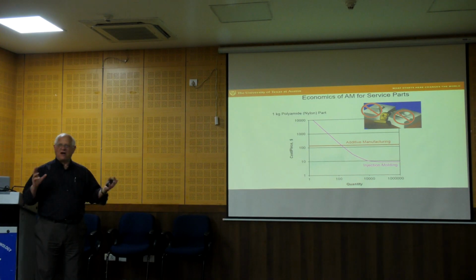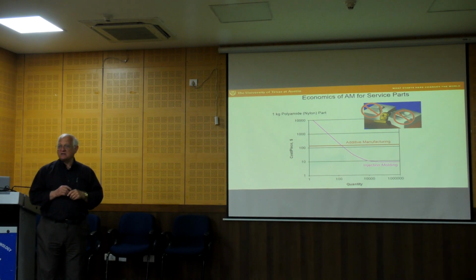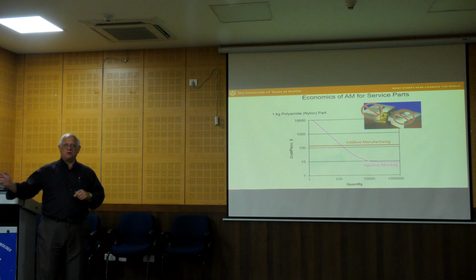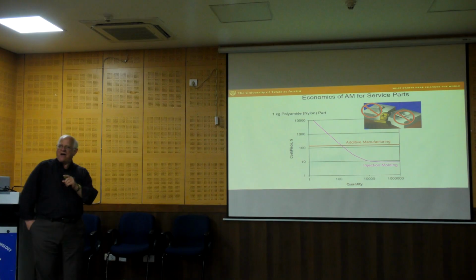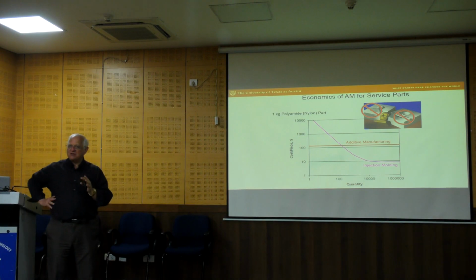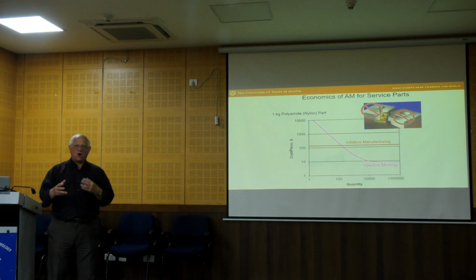Because it doesn't matter how complicated the geometry is, the cost to produce the part, for the most part, is going to be the same, whether I make a simple cube or a cylinder, or something with complex geometry like this face. So the additive curve doesn't move. However, with injection molding, my tooling cost goes up because it's a more complicated geometry. It's harder to make the tool, and the tool will be more expensive.